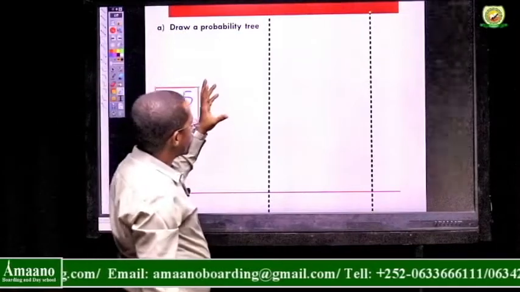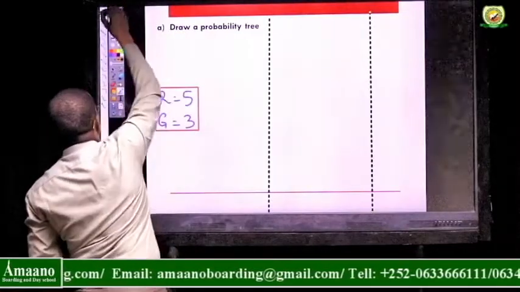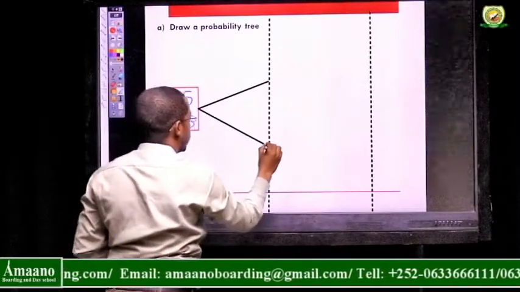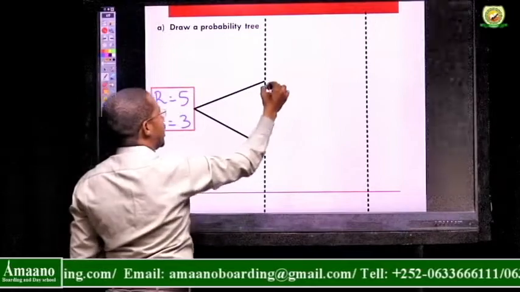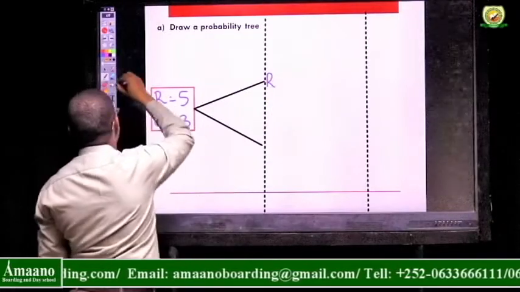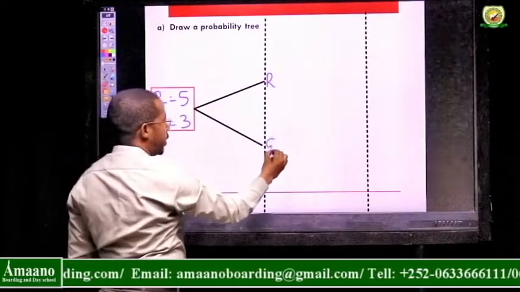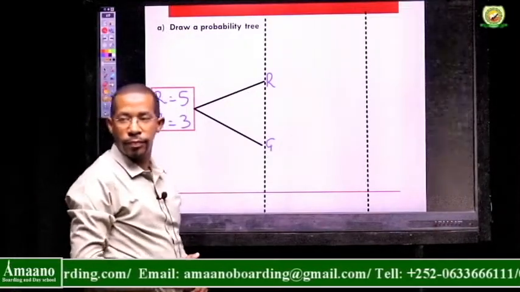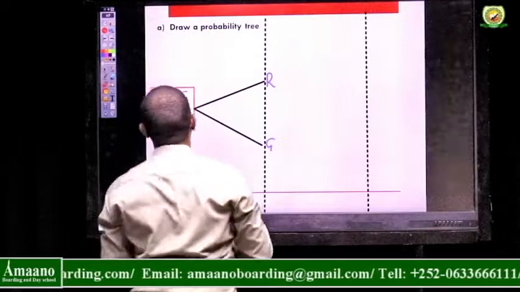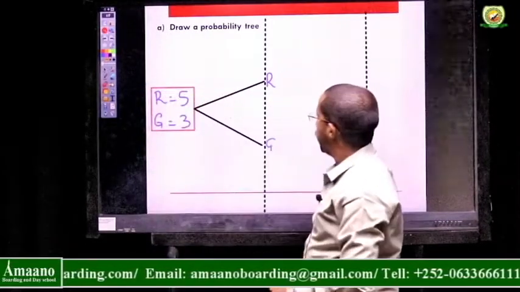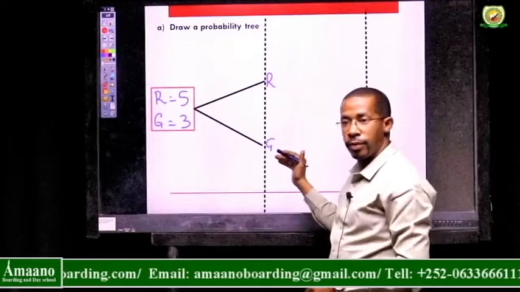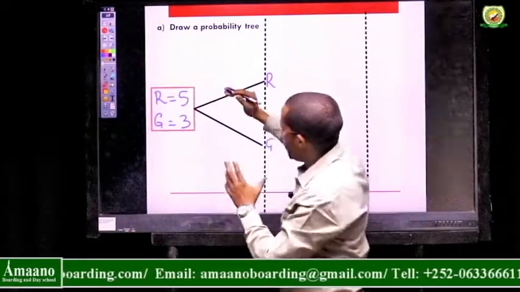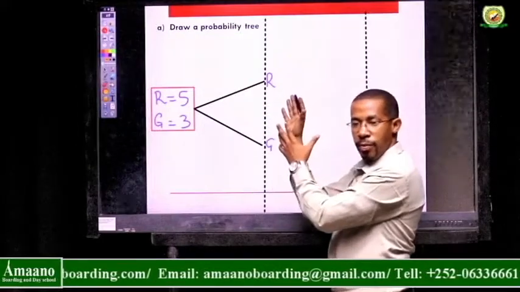Now when he draws the first time, we have 2 options. He could either get a red or a green marble. Okay? He can get red or green marble. Now, what is the probability that he gets a red marble?